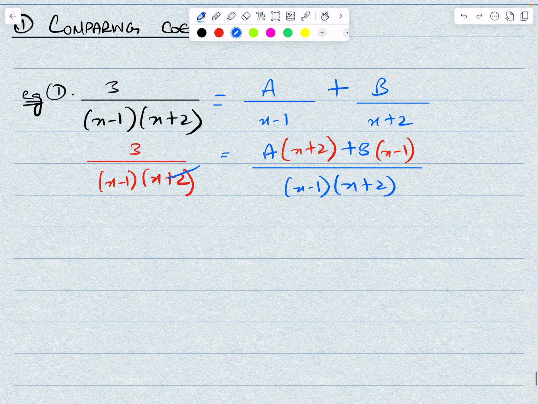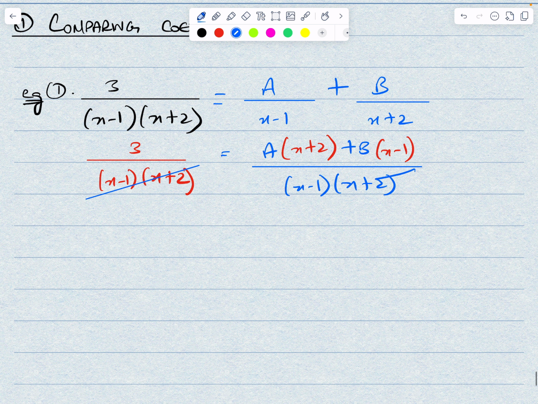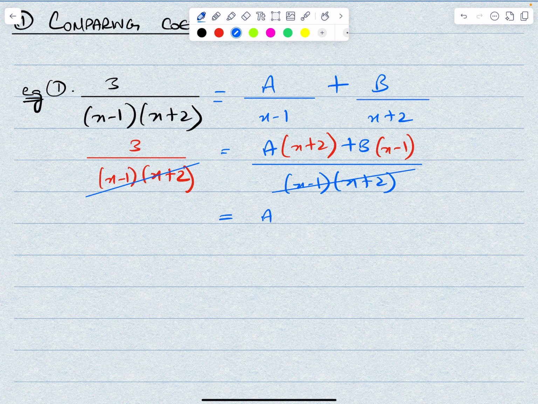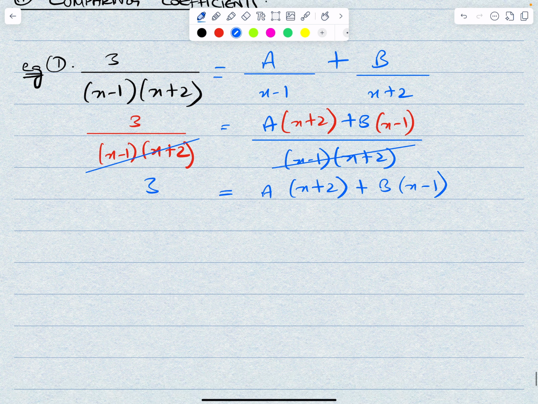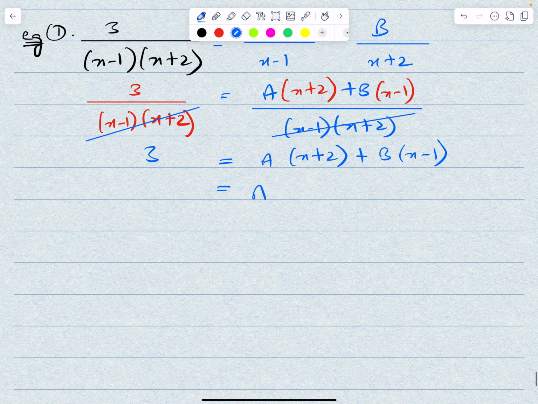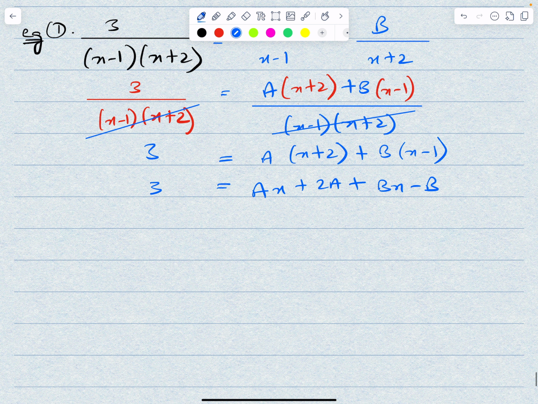So the denominators cancel out, and I'll be left with A(x plus 2) plus B(x minus 1) is equal to 3. I'll expand the brackets. So I have Ax plus 2A plus Bx minus B is equal to 3.